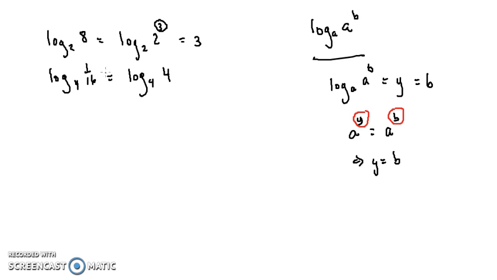Flip it means a negative exponent, that's a reciprocal. And then to get from 4 to 16, we have to square it. So we need to flip it and square it. So flipping it gives us a negative, and squaring it gives us a 2. So the exponent would be negative 2. 4 to the negative 2 is the same as 1/16, so we haven't changed anything, we just rewrote it. Now the bases match, and the answer is the exponent, which is negative 2.